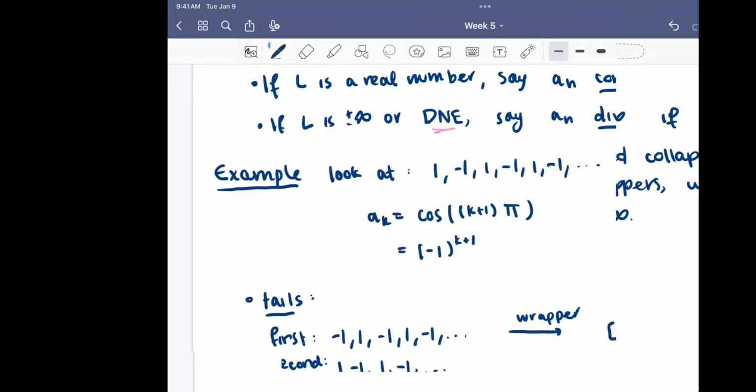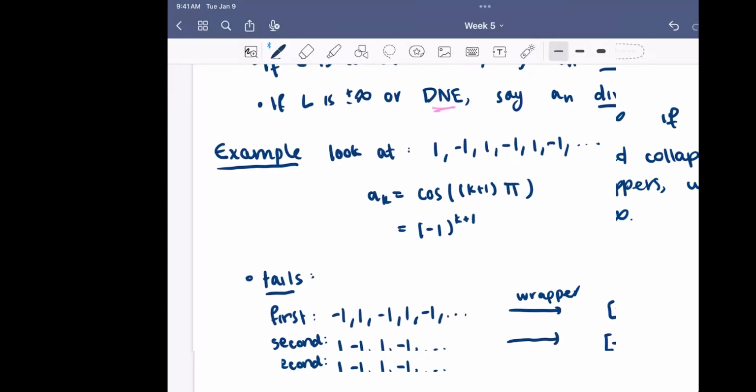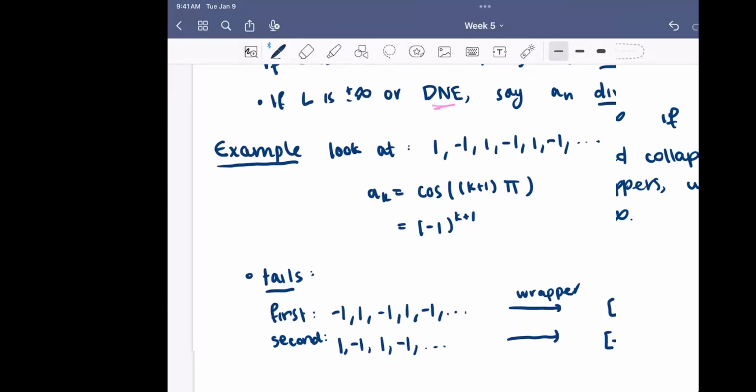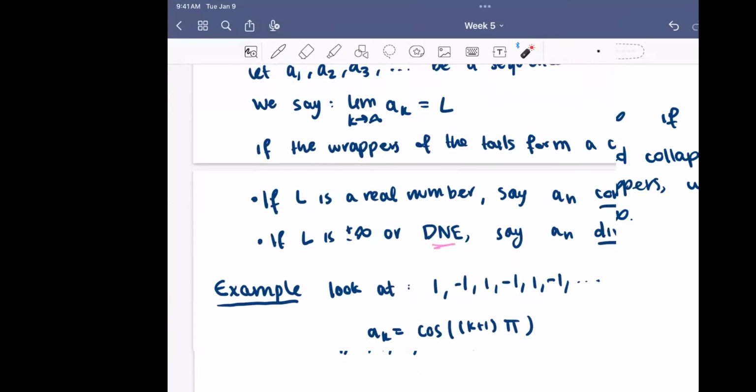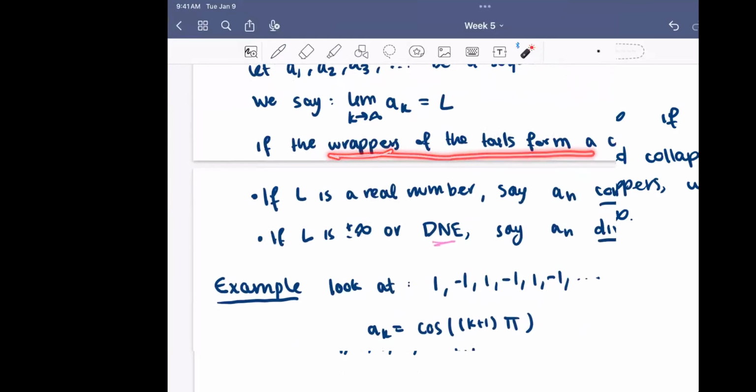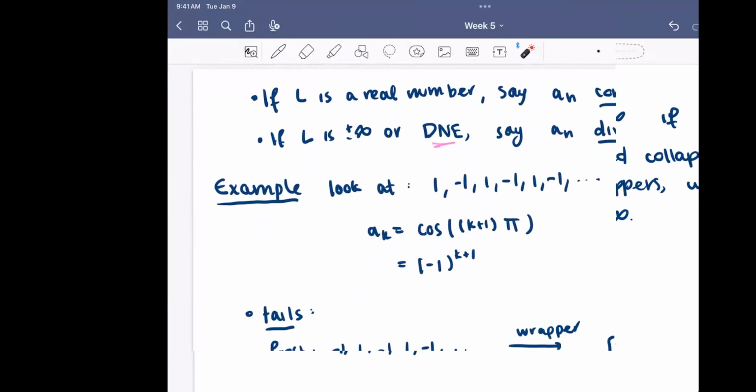And we get the same thing for the second one, it'll also just be [-1, 1]. So going back to the definition, the wrappers of the tails are all just going to be the interval from -1 to 1. So those do not form a collapsing collection for anything.